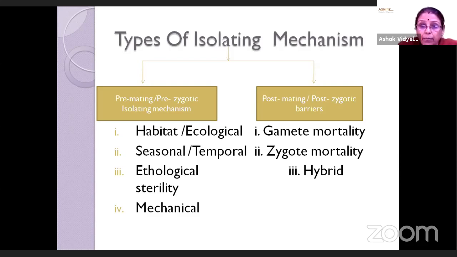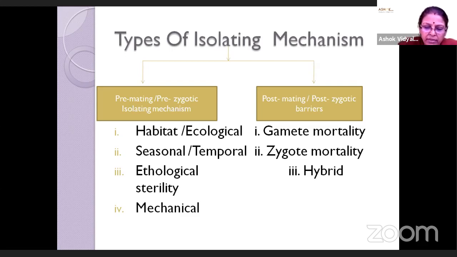And under post-mating, we can see gamete mortality. It can be because of zygote mortality, or it can be because of hybrid sterility. Students, you can just see here, hybrid is only written, sterility has been shifted over here. I'm sorry, try to understand this. Gamete mortality, zygote mortality, and hybrid sterility. Okay, now I'll tell you one by one.